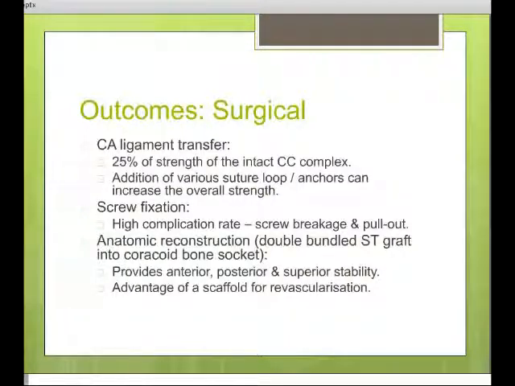With screw fixation, there was a high complication rate with screw breakage and pull-out. However, anatomic reconstruction, or double bundled semi-tendinosus grafts, were shown to show anterior, posterior and superior stability, and that also provided the advantage of a scaffold for revascularization.